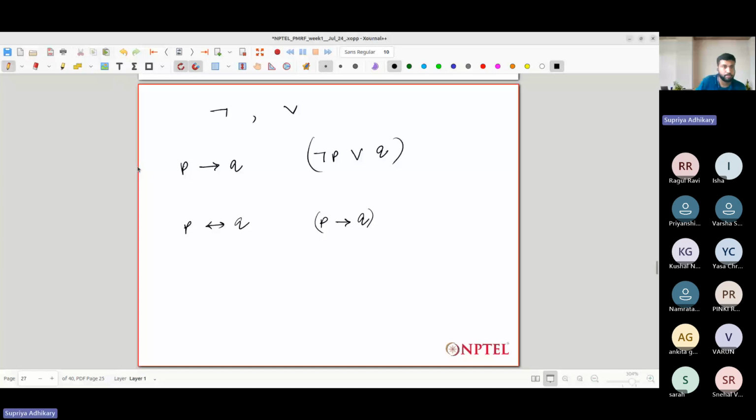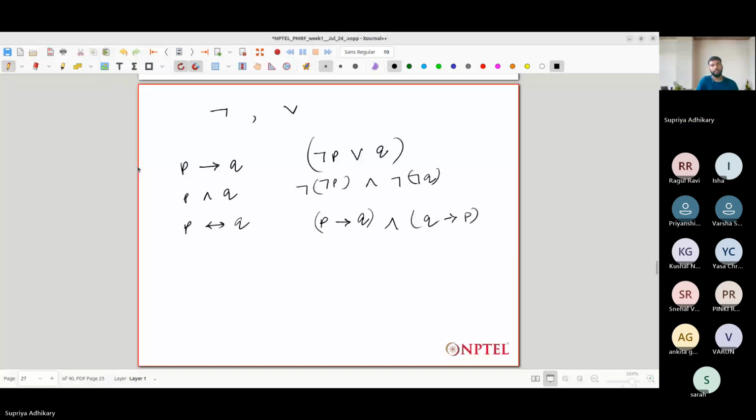So, for conjunction, write it as, because we know that negation of negation gives the proposition only. Okay. So from here we can write this, and this using De Morgan's law, write it as negation of negation P conjunction.